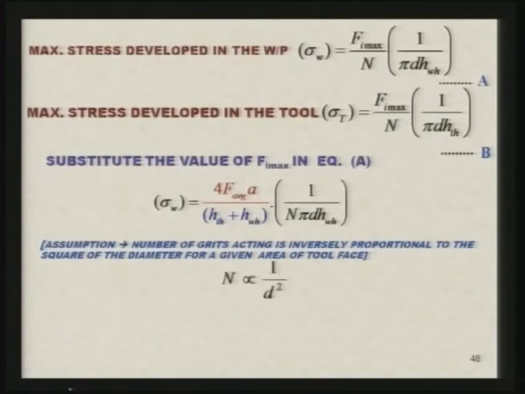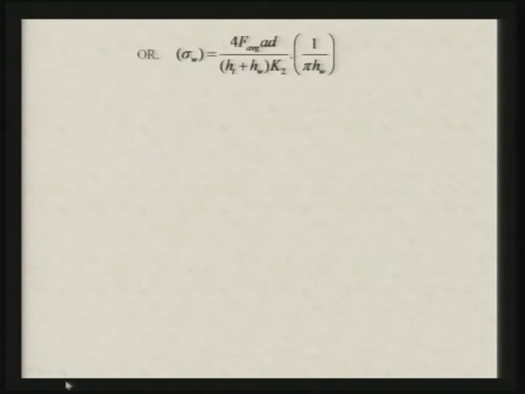Then N becomes proportional to 1 by d squared, and this becomes equal to K2 divided by d squared, where K2 is the constant of proportionality. Or you can write sigma_W is equal to 4 F average A d divided by (h_T + h_W) into K2, whole of it multiplied by 1 over pi h_W.